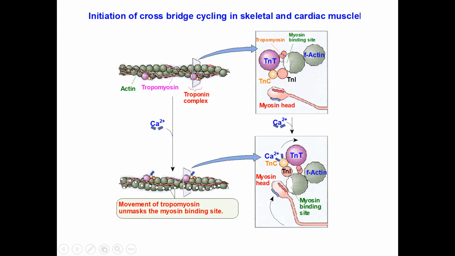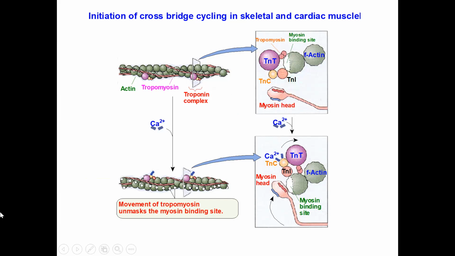And now you have troponin T connected with tropomyosin, troponin I connected with actin here, and troponin C here, which can bind calcium. You see that the accessibility of this binding site for myosin head is closed.